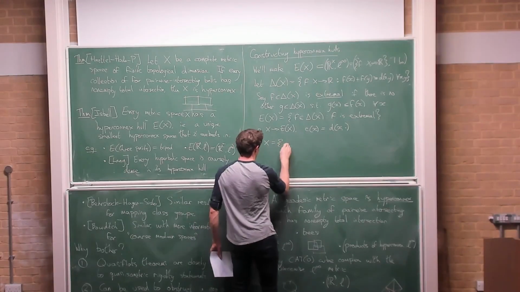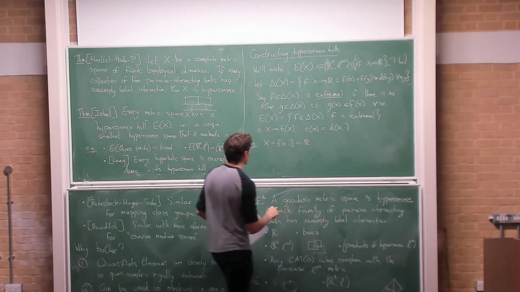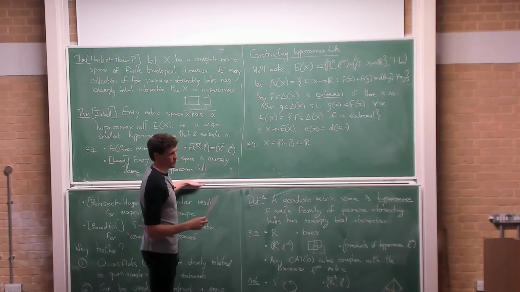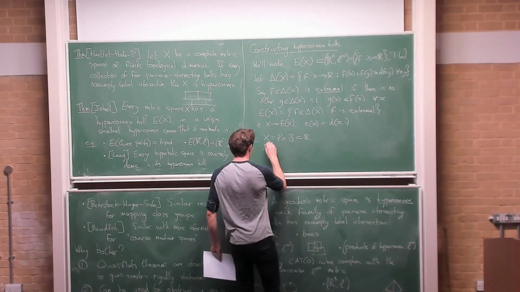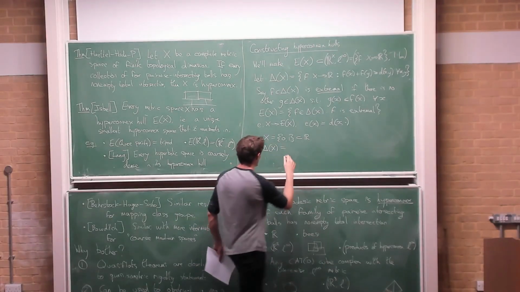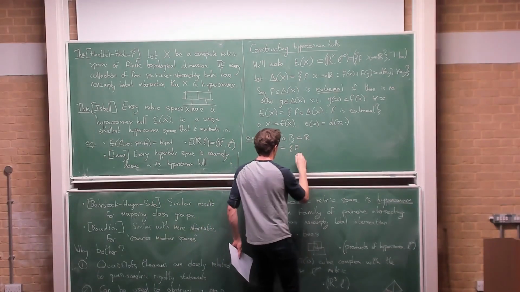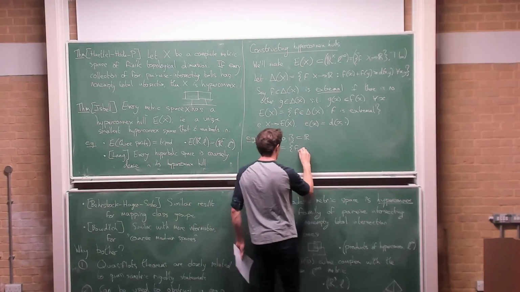Okay. So example, X is the set {0, 1}. So it's just 2 points, and they're a distance 1 from each other. Here, Δ is the set of functions from a 2-point thing to R, so in other words, an element of the plane.